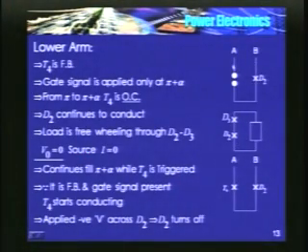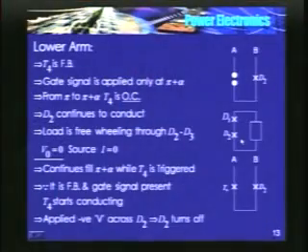D2 was conducting; potential of A, though higher than potential of B, we have an open circuit here, T4 is not triggered. So D2 continues to conduct. Voltage applied to the load is 0, and source current is 0. From pi to pi plus alpha, current freewheels through D3 and D2.